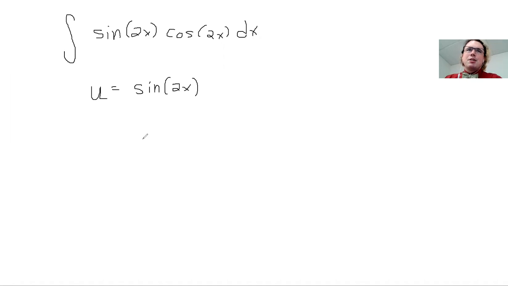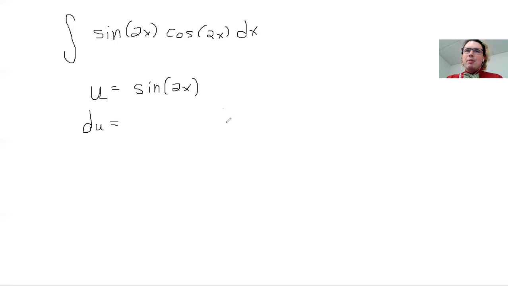And when I make this substitution, I'm changing to the variable u. Everywhere I see sine of 2x, that's the same as writing u. And this also imposes a substitution of my differentials. So every time u changes, x has to change as well.